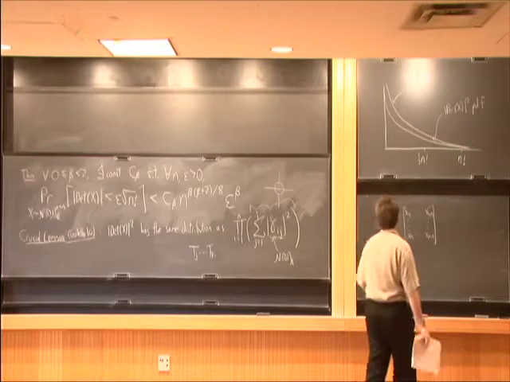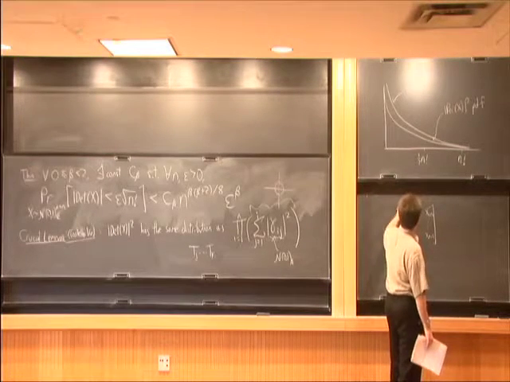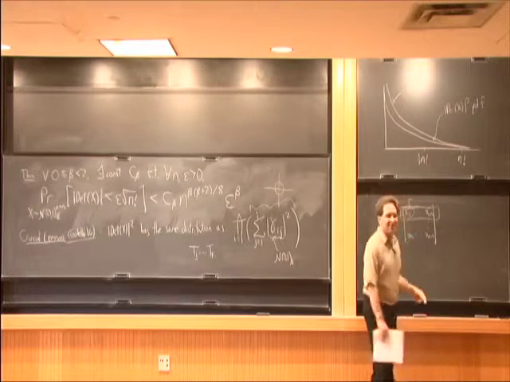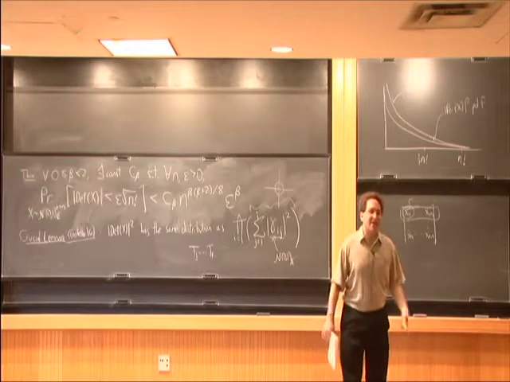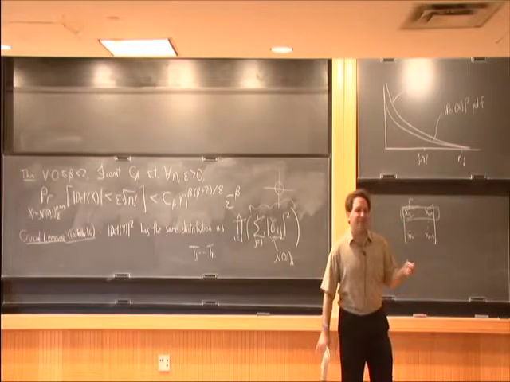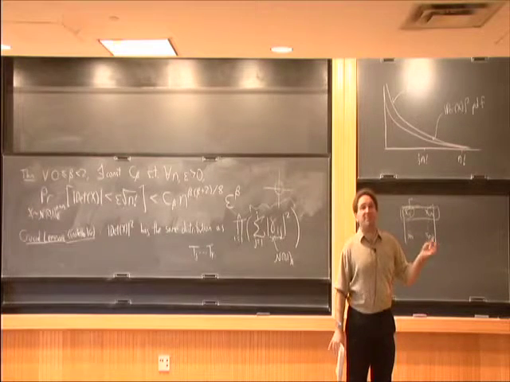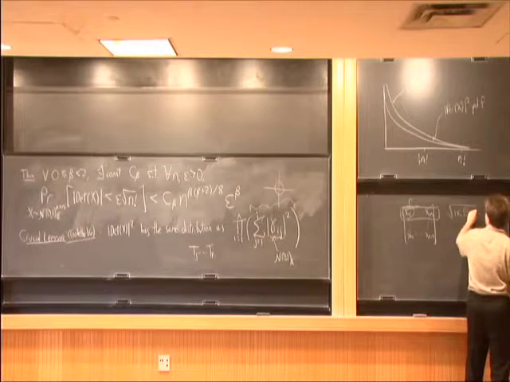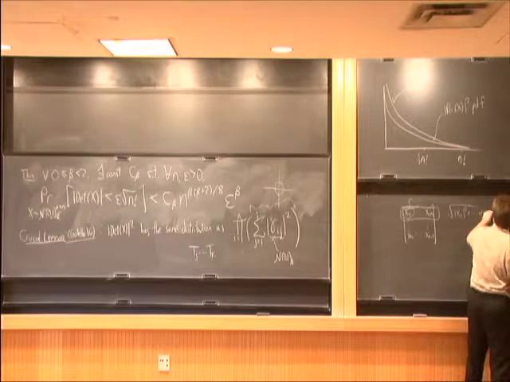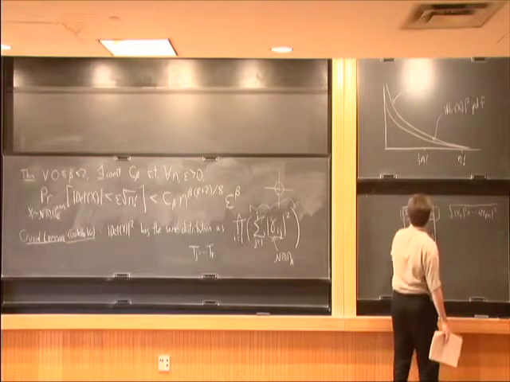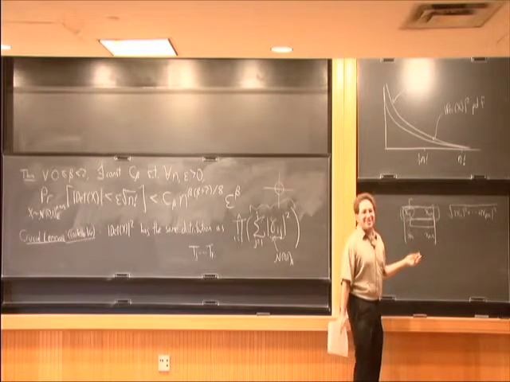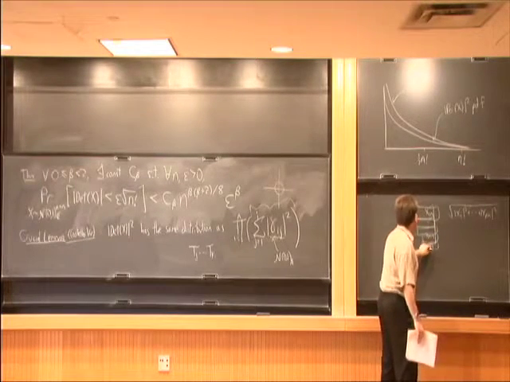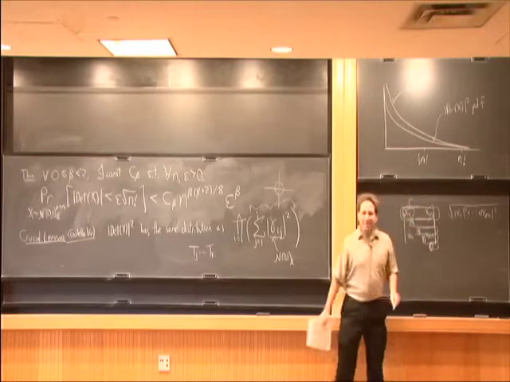You diagonalize the first row, and the absolute value of this first entry is just the norm of this first row, which is the square root of a chi-squared variable with n degrees of freedom, where all these guys are IID Gaussians. Then you diagonalize the second row, and that gives you a chi-squared with n minus 1 degrees of freedom, and so on, and then you take the product of all these entries along the main diagonal.